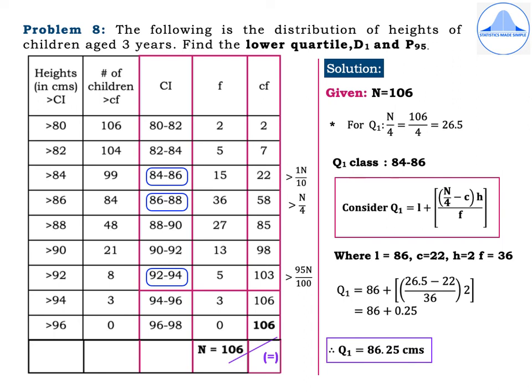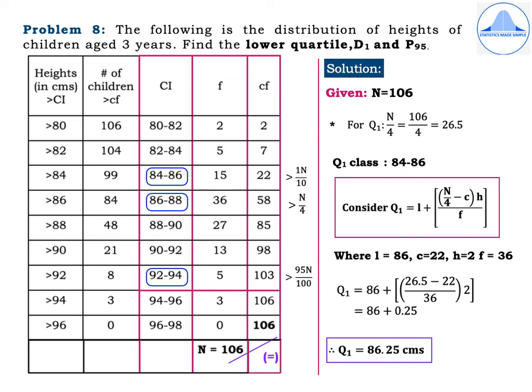The frequencies are 2, 5, 15, 36, 27, 13, 5, 3, 0. When we add the frequencies, we get capital N equal to 106. Now cumulate the frequencies, which are 2, 7, 22, 58, 85, 98, 103, 106, 106. So the last value in the CF column, that is 106, should match with capital N, which is also 106.